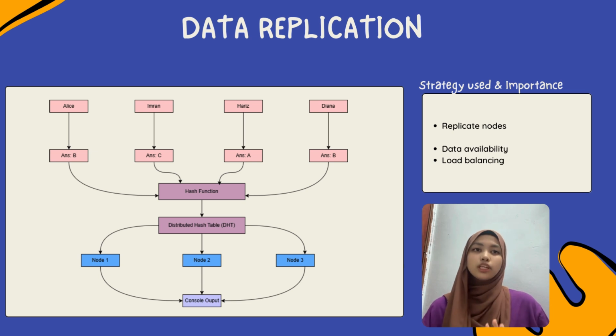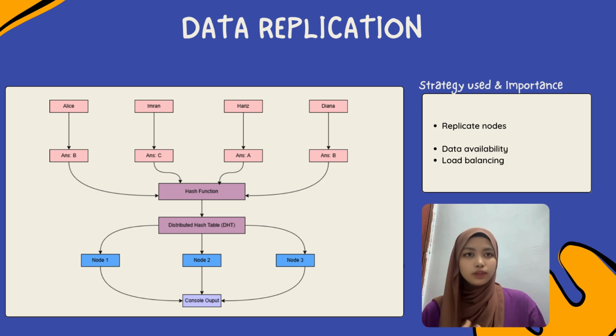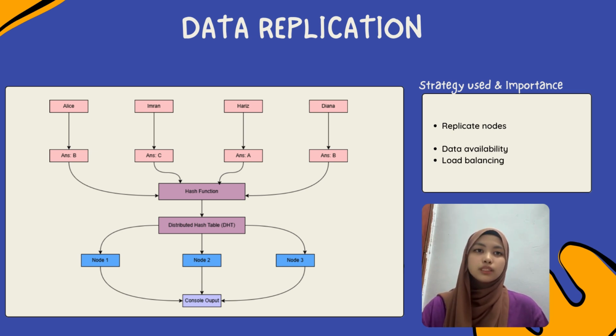This is to ensure availability. Even if a node fails or leaves the network, the data remains accessible from its replicas. For load balancing, multiple copies can reduce the load on a single node when multiple users request the same data.